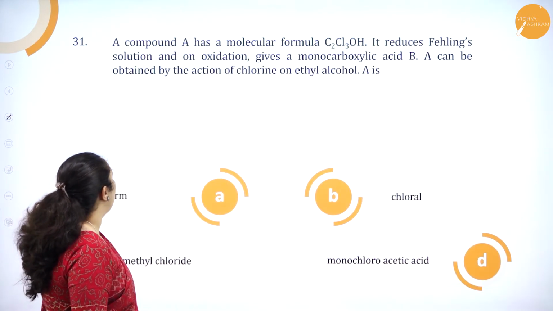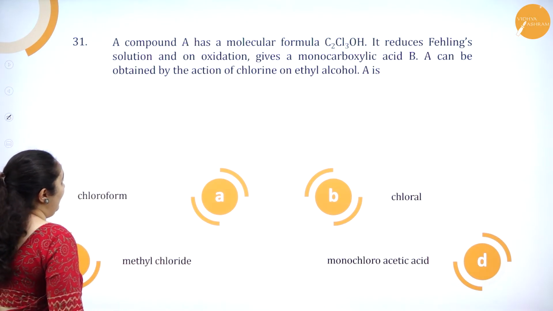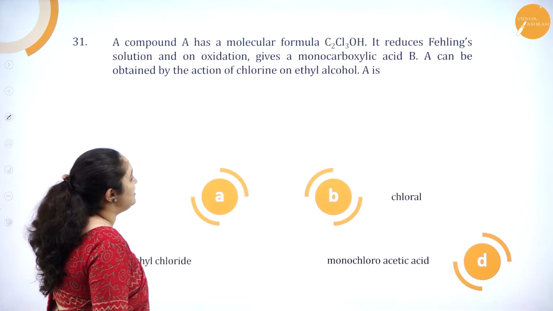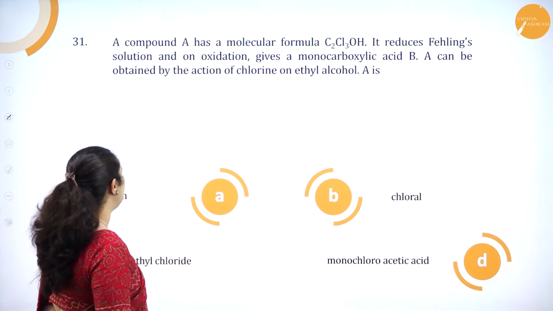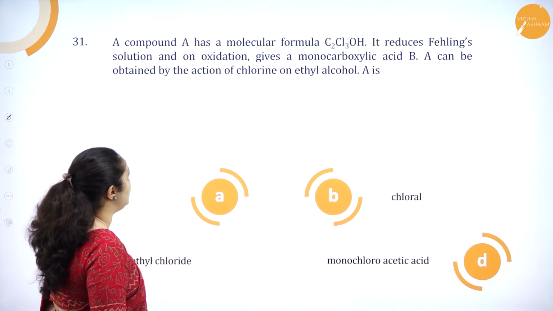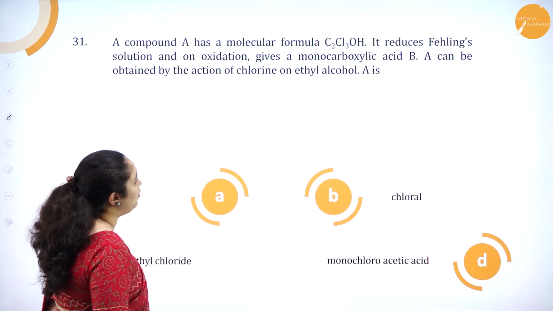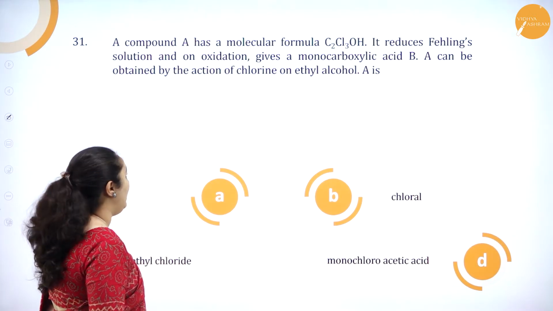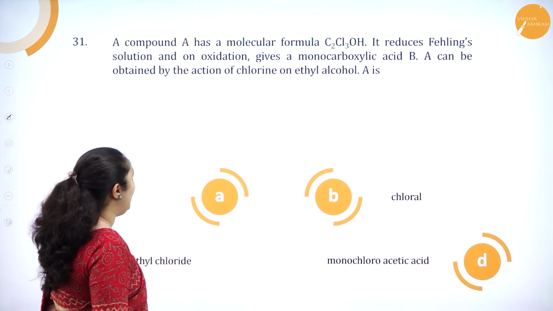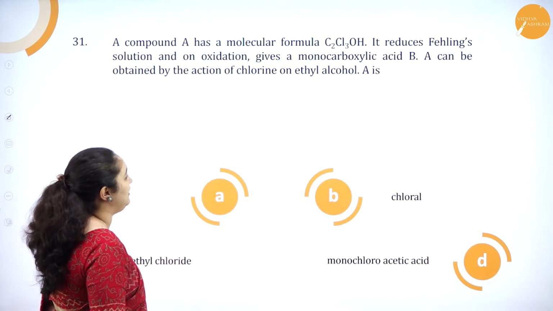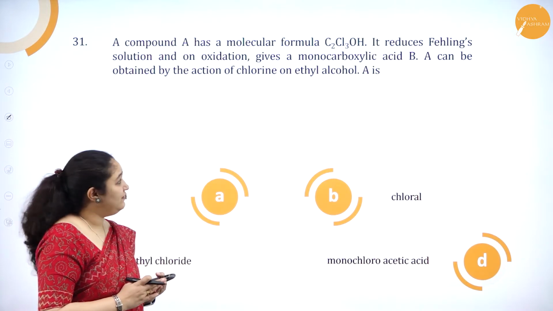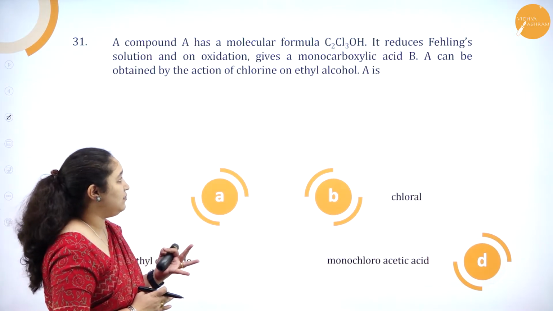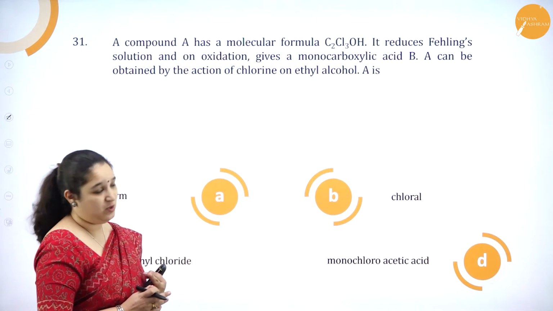Next question. A compound A has a molecular formula C2Cl3OH. It reduces Fehling solution and on oxidation gives a monocarboxylic acid B. A can be obtained by action of chlorine on ethyl alcohol. What is A? See, first of all, it is given that it contains 3 chlorine atoms, C2OH, okay.